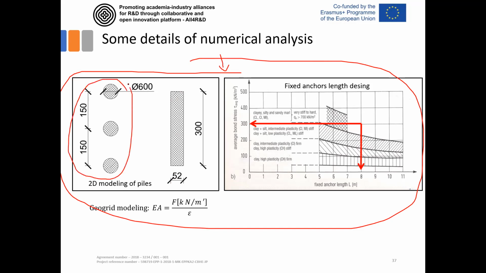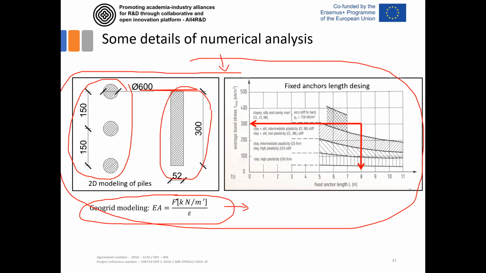The piles are constructed at some spacing. What we do in 2D modeling is that we need to model it with an appropriate 2D element, since we are doing two-dimensional analysis.